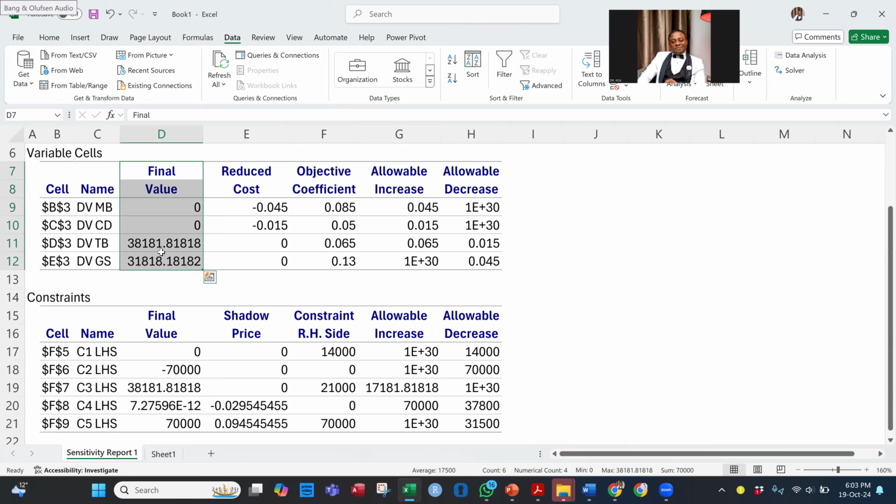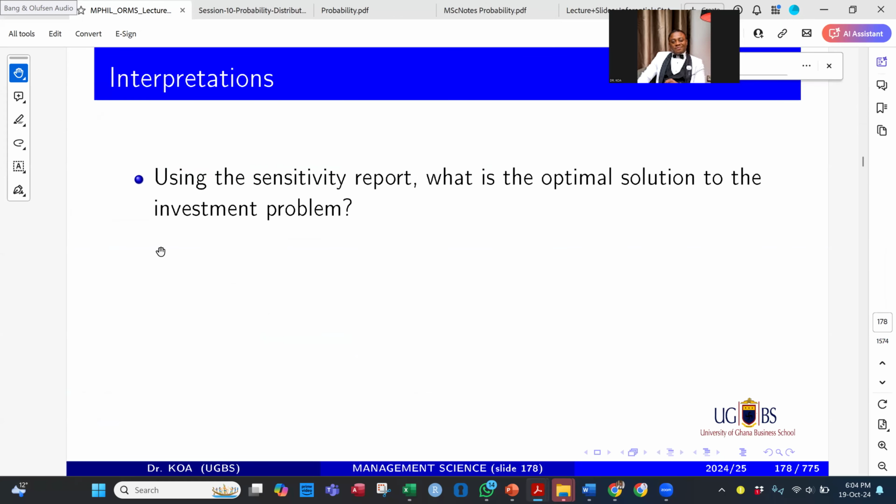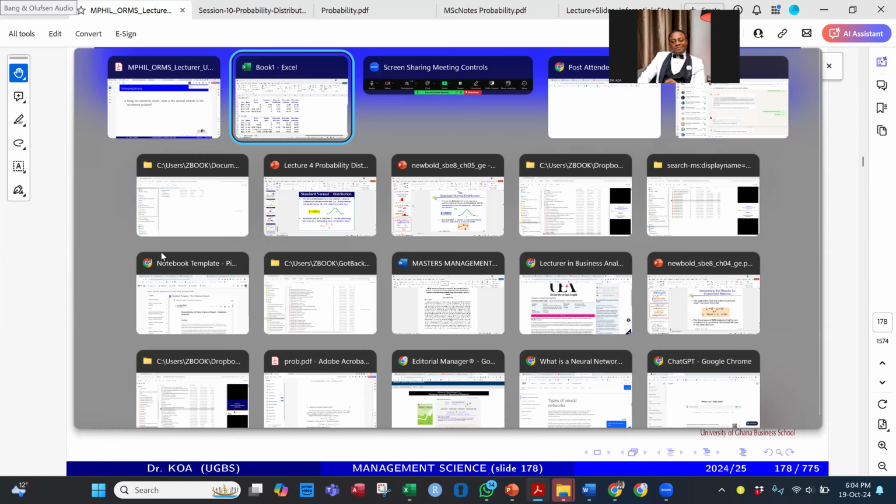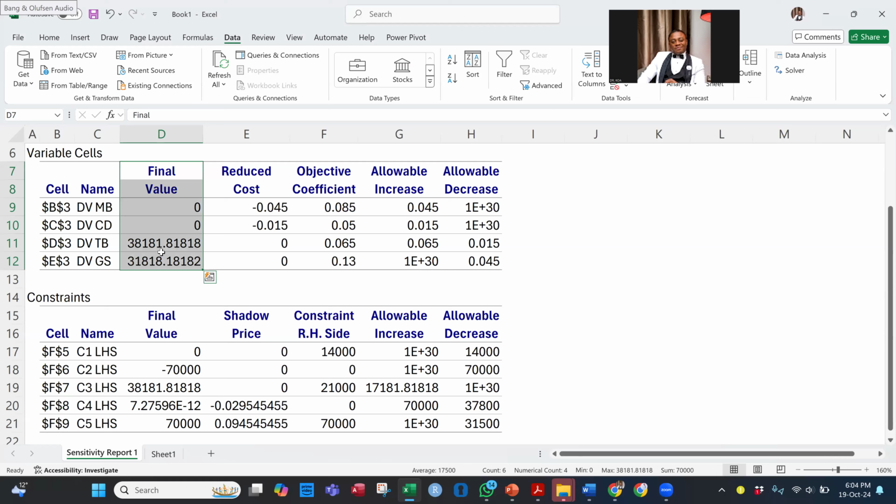And this is what you should write down. I told you, you will forget 90% of what I say. The optimal solution is the final value of the variable cell. So what would you say is the optimal solution to the investment problem? What are you going to advise Ama Benyiwa to do?